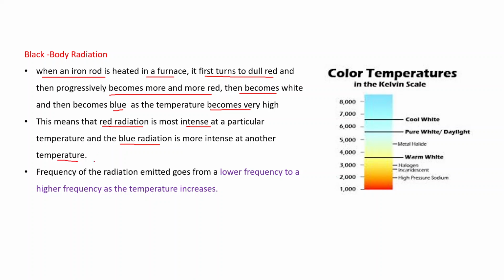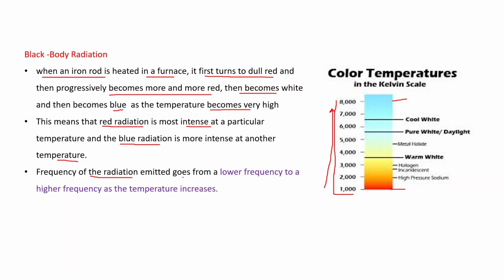You can see this diagram: color against temperature, with temperature represented in the Kelvin scale. As the temperature increases, you can see the change in color. At low temperature it is red, and at high temperature it is blue.